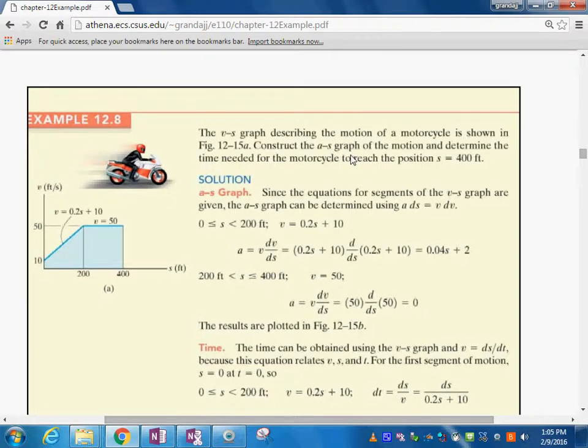So it basically acquires the velocity and then is just coasting. And here, since the equations for the segments of the velocity-position graphs are given, then the acceleration-position graph can be determined by using the fact that the acceleration is the velocity times dv/ds.